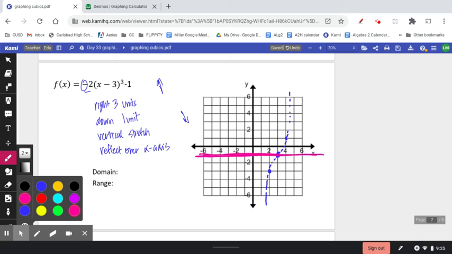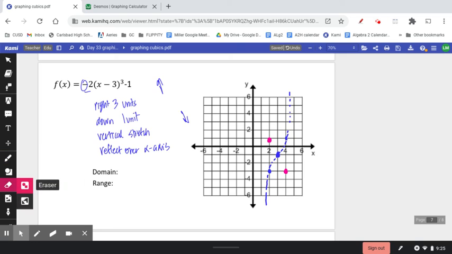Okay, so this point that's over 1, up 2 is now going to be over 1, down 2. And this point that's back 1, down 2 is going to be back 1, up 2. Okay, so you can kind of do it all in one fell swoop. You can also do it separate like this, but the pink graph is the one that has my vertical stretch and my reflection in there. Domain and range again, all real numbers for these cubics.